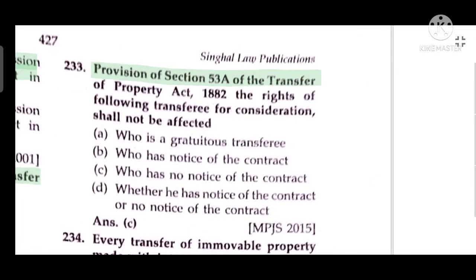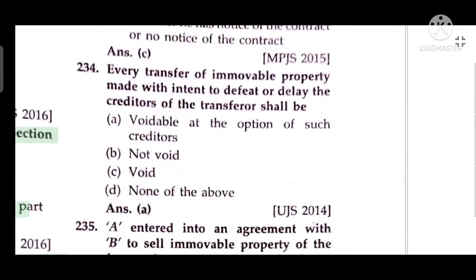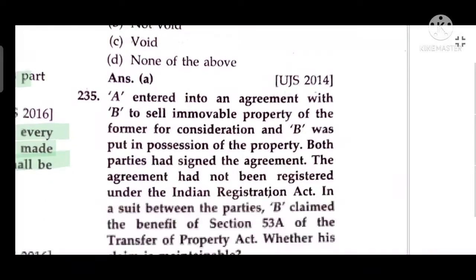Provisions of Section 53A of the Transfer of Property Act 1882: the rights of a transferee for consideration who has no notice of the contract shall not be affected. Every transfer made with intent to defeat or delay the creditor of the transferor shall be voidable at the option of such creditor.